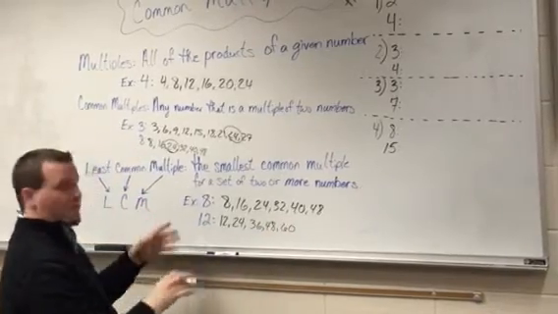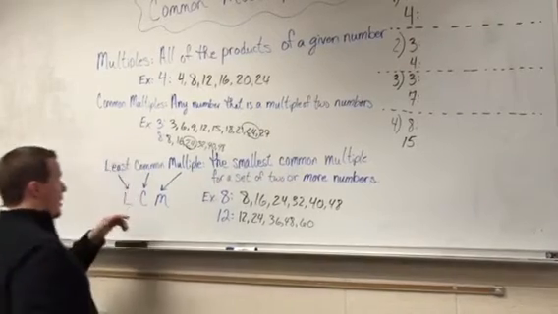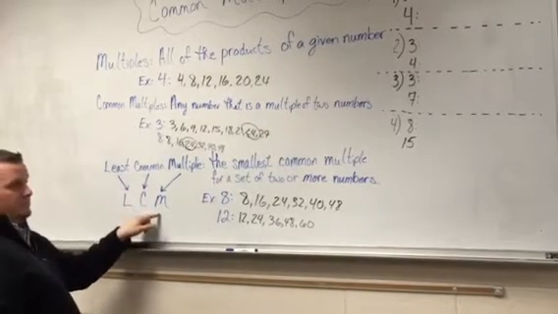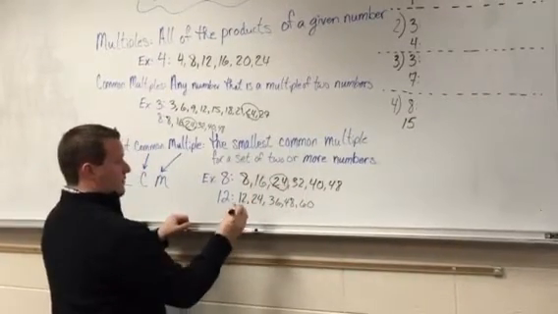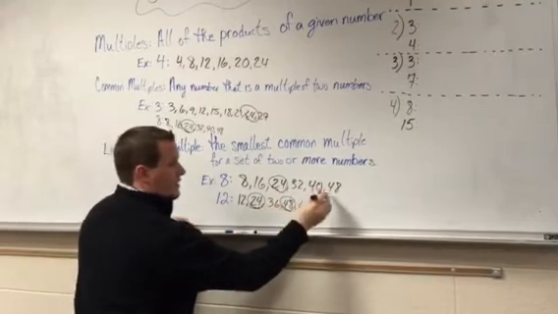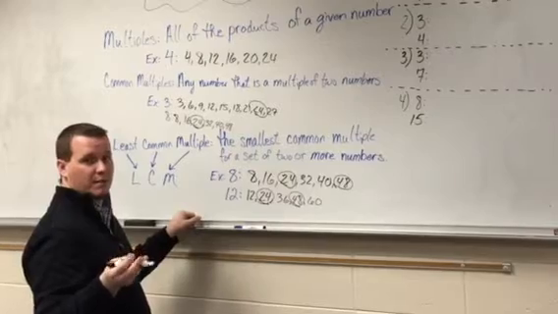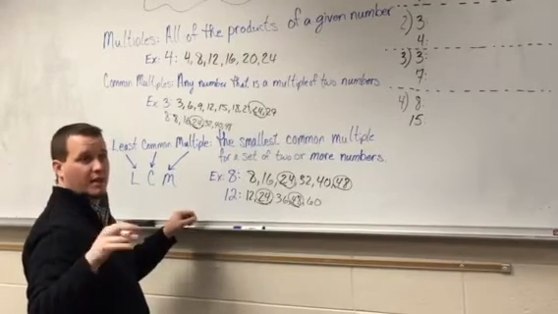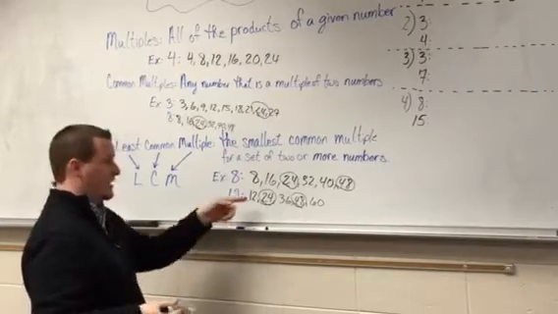And again, with both of them, I could have kept going, but I'm looking for the least common multiple, also known as the LCM, and I see on here we have 24 here and 24 here. I also have 48 and 48. Which one do you think is going to be the LCM? If you'd like to pause the video and talk it over with your parents, that'd be great. You're right, it's 24.